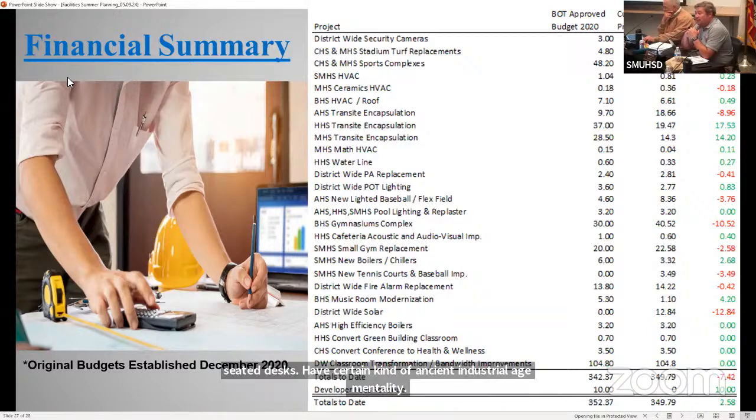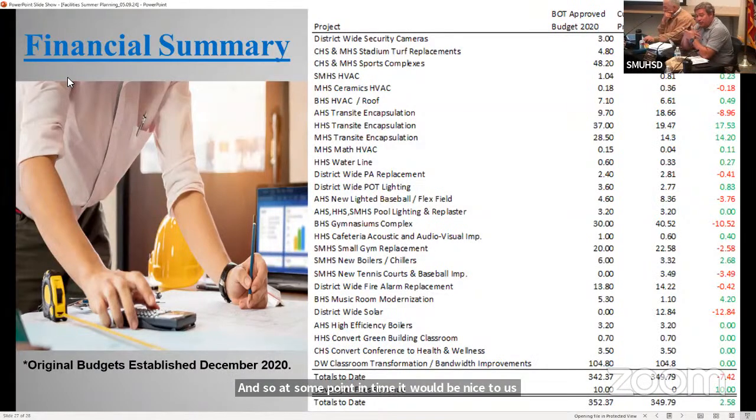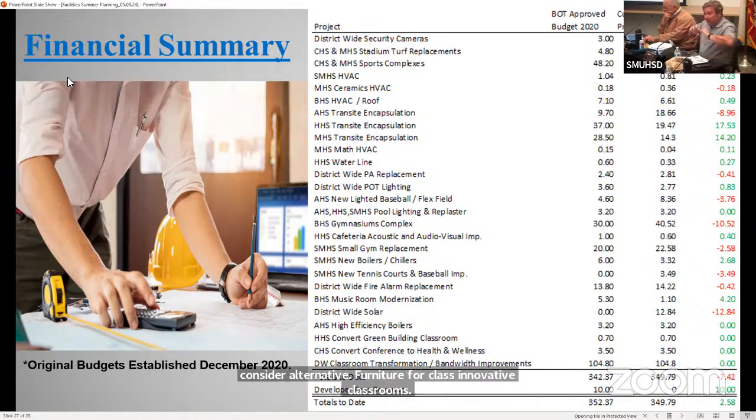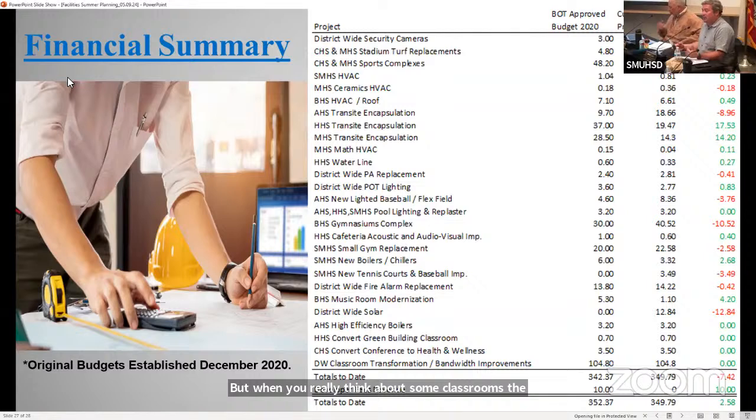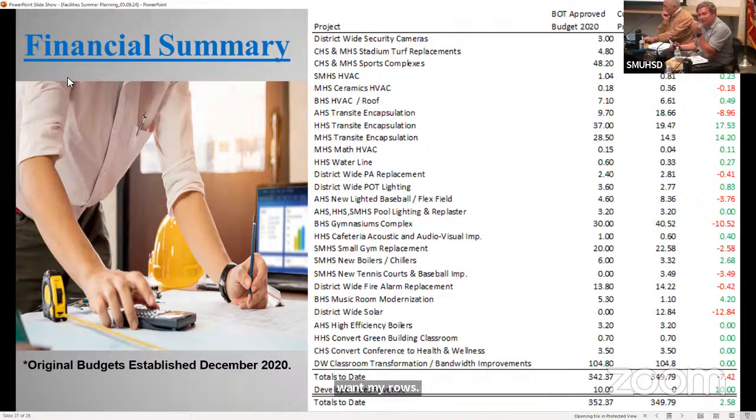At some point, it would be nice for us to consider alternative furniture for innovative classrooms. I think in some instances you do it. You have certain spaces that are going to be unique and creative just because of what they are, especially certain electives. But when you really think about some classrooms, I know some teachers are like, no, I want my rows, I want my single seat desks. But the conformity and the industrial age of that, we have to consider that at some point in time. That's all my comments.